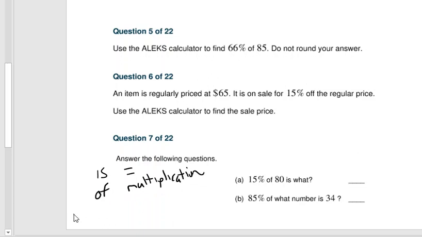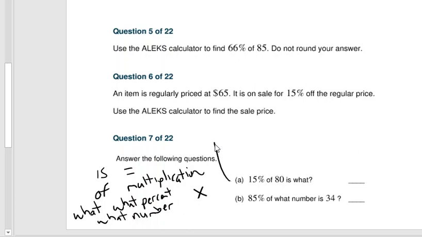You're going to replace the word what or what percent or what number. Anytime it says what in any situation, you're going to replace that with a variable.